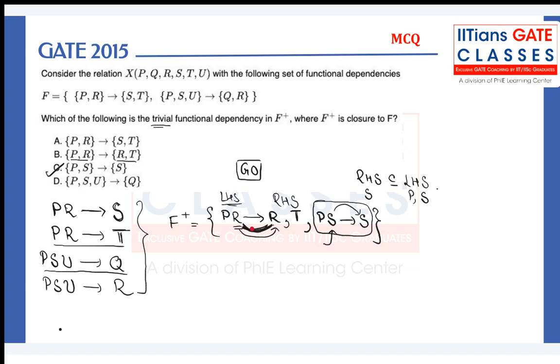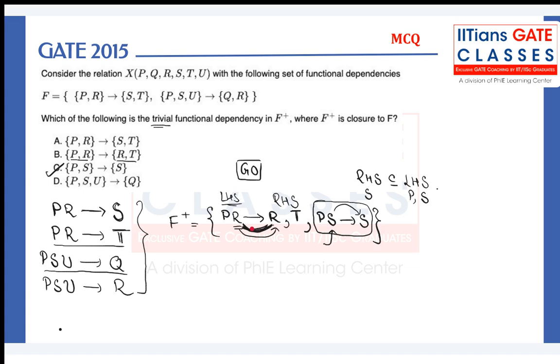Even in GATE Overflow they have talked about it. It's not that I am deviating from that. They have also said the answer is C, but they have talked about semi-trivial functional dependencies. The concept does not exist at all. There is some professor, I think, who may have taught it, and that's the problem with teachers who don't know their stuff. They teach you the wrong thing, and that is something I get very annoyed with.